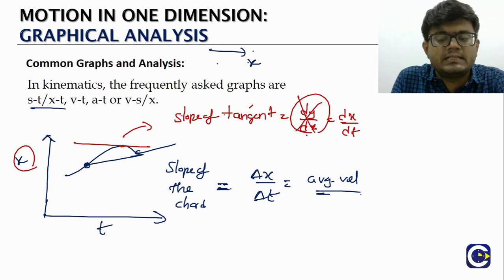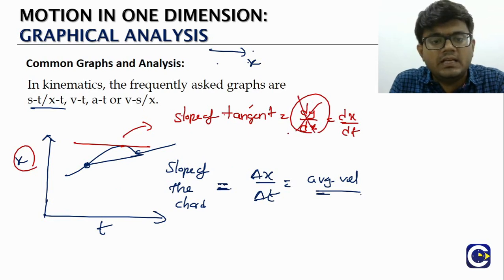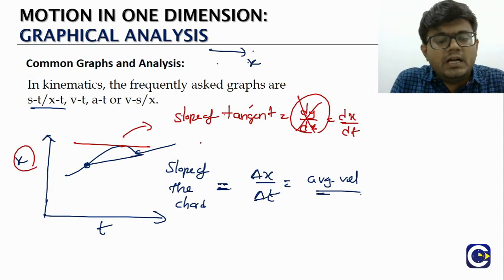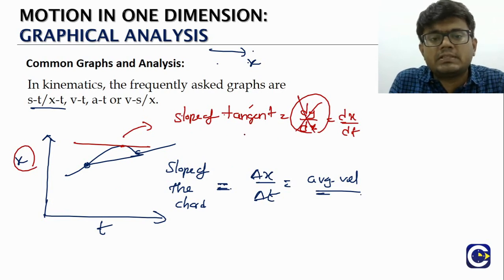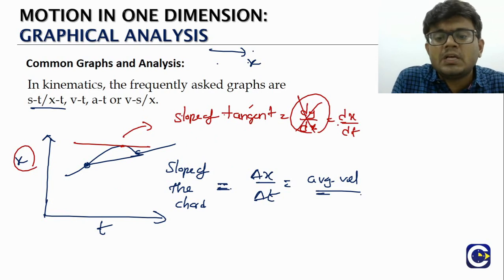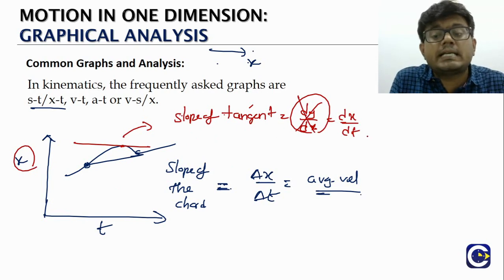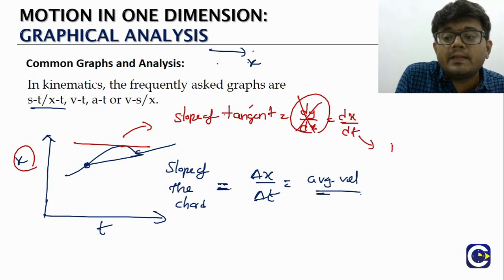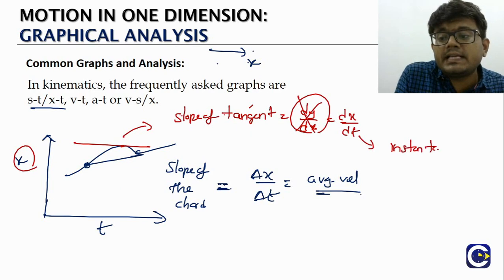Generally we have the x coordinate and y coordinate, right? But particularly here the y coordinate is the position function, and the x coordinate will be time, because most of the time, like I said, we analyze graphs involving time. So the slope of the tangent will be dx by dt. This is the instantaneous velocity.